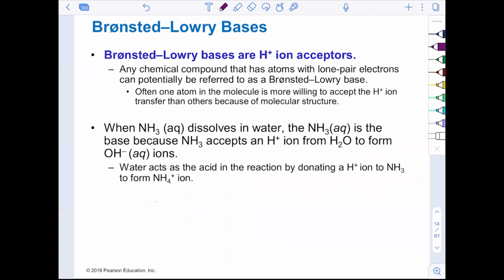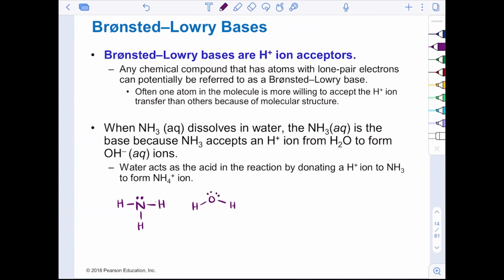So when NH3 is dissolved in water, the NH3 is the base because it has a lone electron pair. Let's write out the Lewis structure for NH3 just to remind ourselves what it looks like. Same with water.